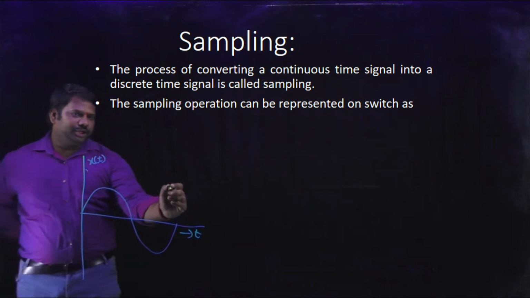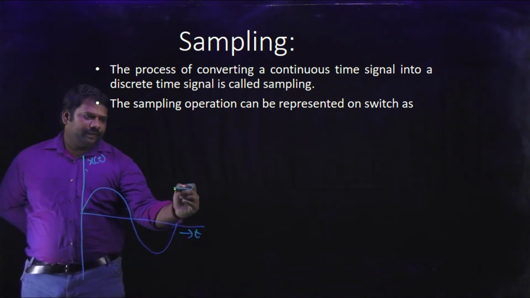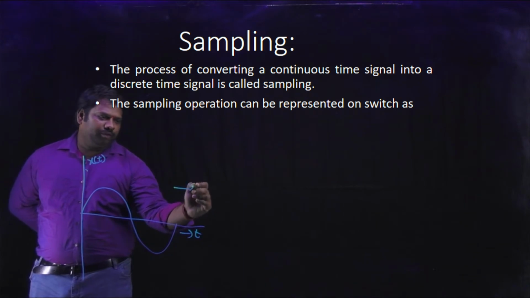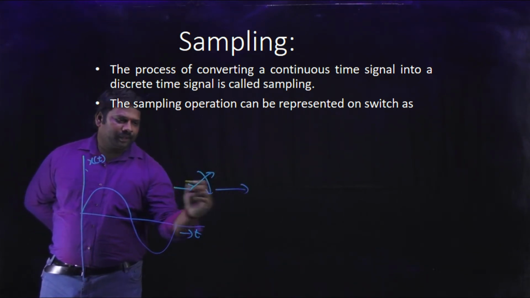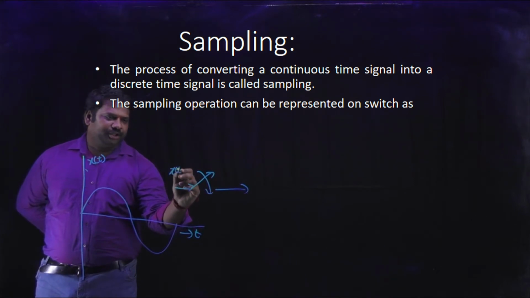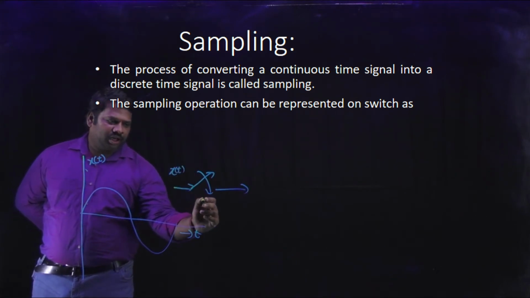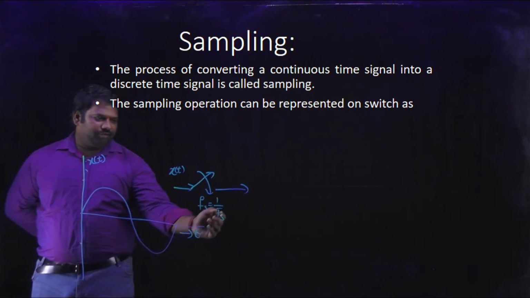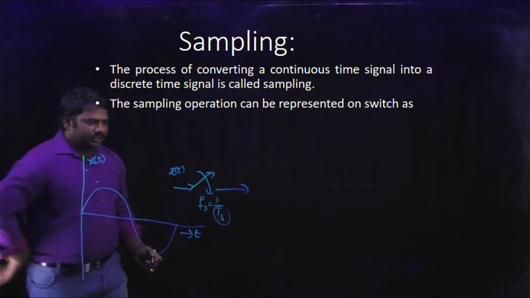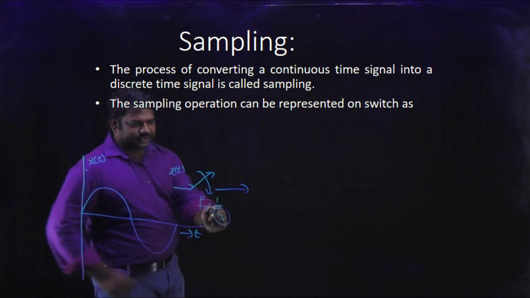This continuous time signal x of t is given to a particular switch, and this switch will be operated every Ts seconds. The switch will be closed every Ts seconds.